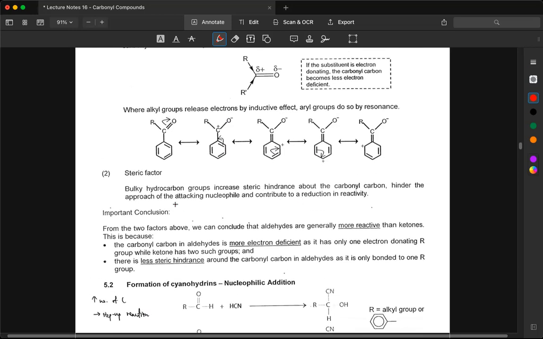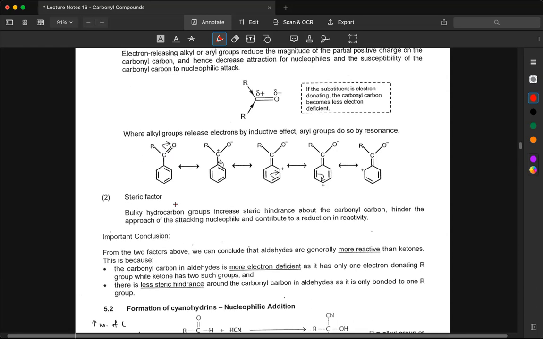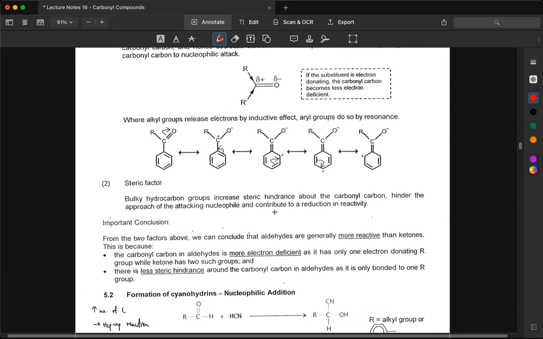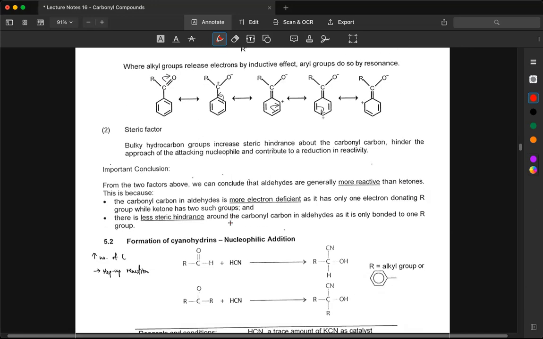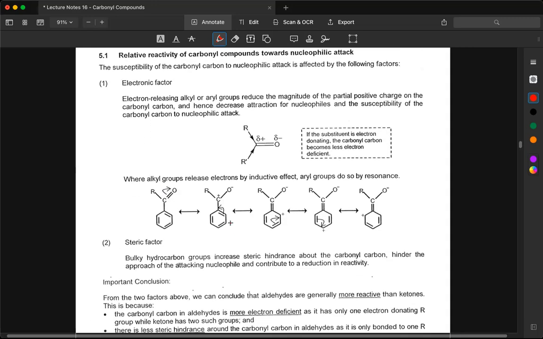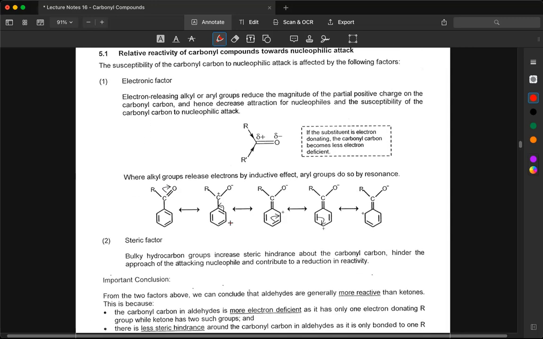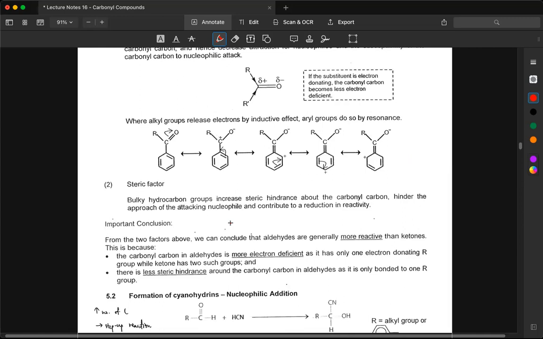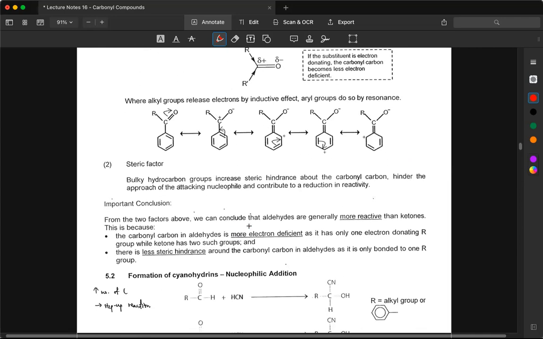Another factor is steric factor. If you have a bulky hydrocarbon group, it will increase steric hindrance about the carbonyl carbon. So it will hinder the approach of the nucleophile that tries to attack the carbon and causes a reduction in reactivity. So from these two factors, electronic, either by inductive or resonance, and steric factor, we conclude that aldehydes are more reactive than ketones because of the steric group, and also ketones have an extra electron donating group from the alkyl.